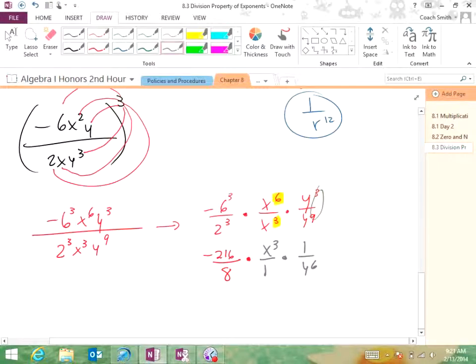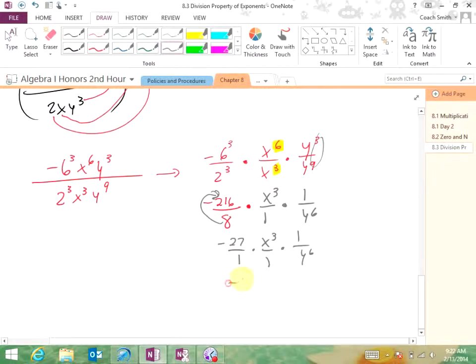3 minus 9, the larger one, wherever it is, top or bottom, it stays on the bottom or top, whichever it is. So now I have 8 into 216. 8 goes into 216 negative 27 over 1 times x to the third over 1 times 1 over y to the 6th.